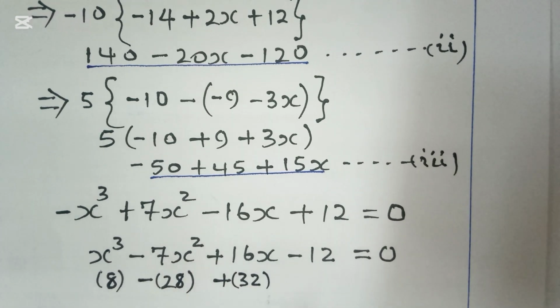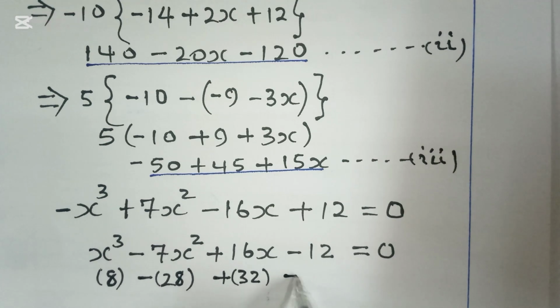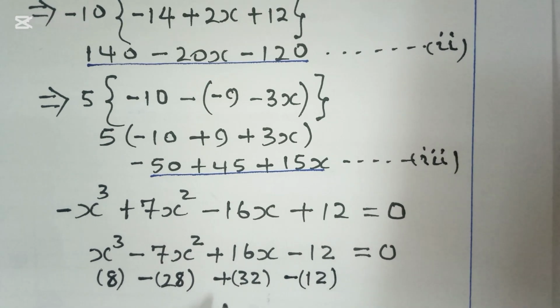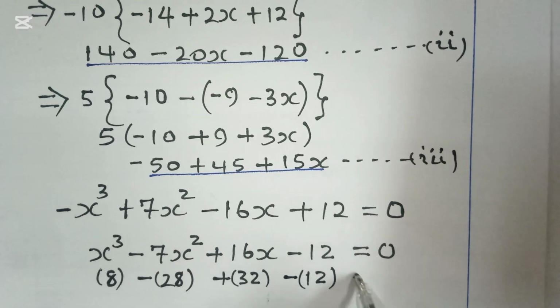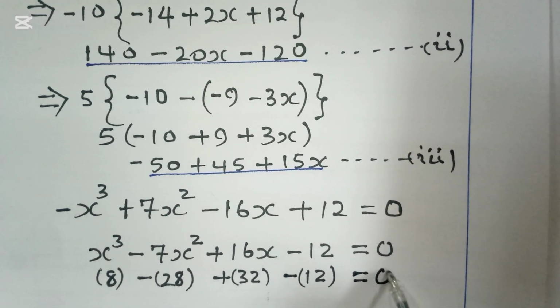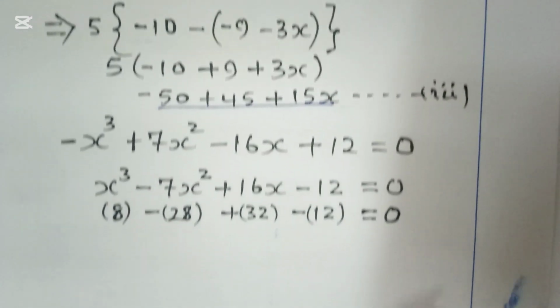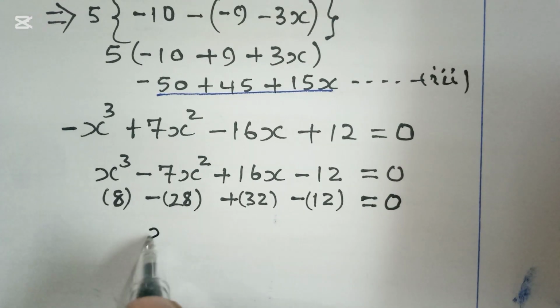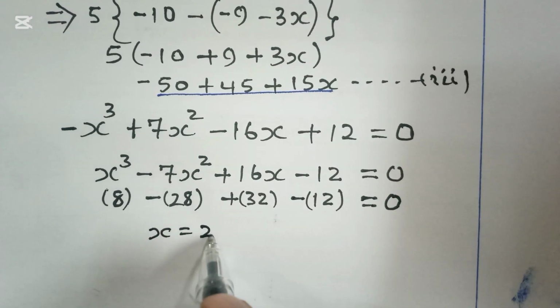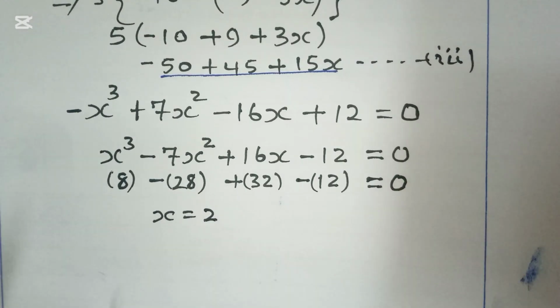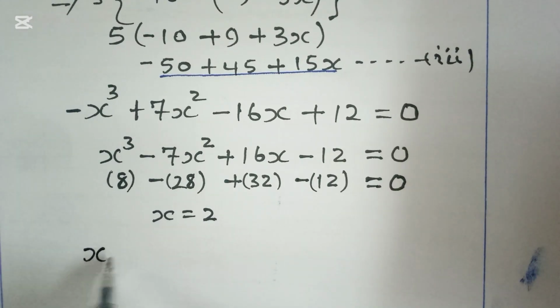And then here we have minus 12. And so guys, if you add that, this is 40 and this is also 40. So this is 0. So our first solution guys is now going to be x equals 2. And so therefore that makes a factor of x minus 2.